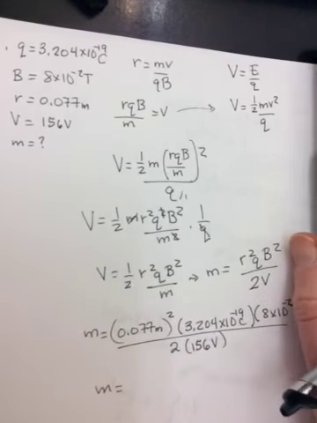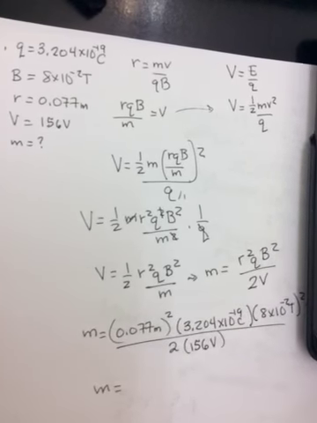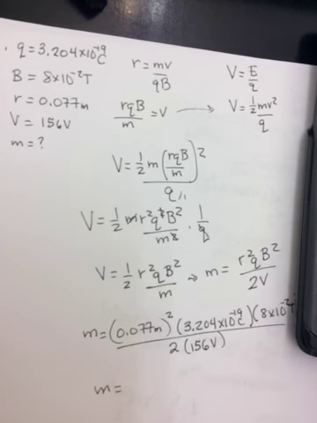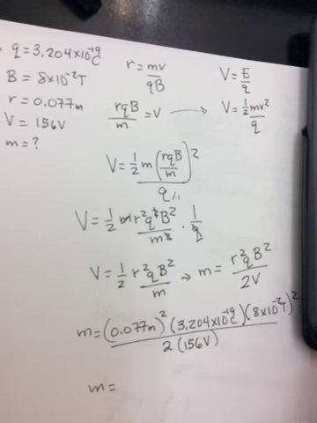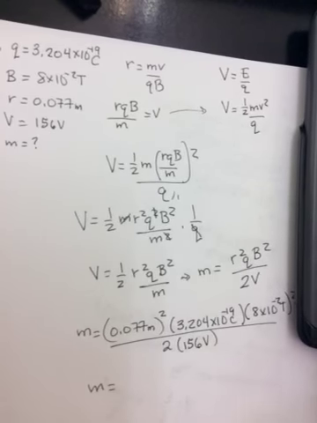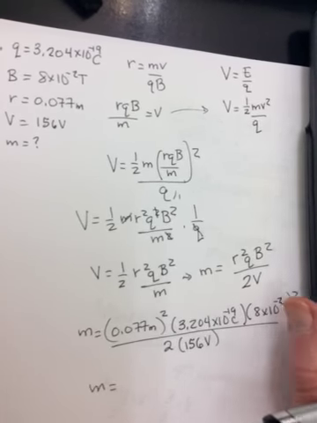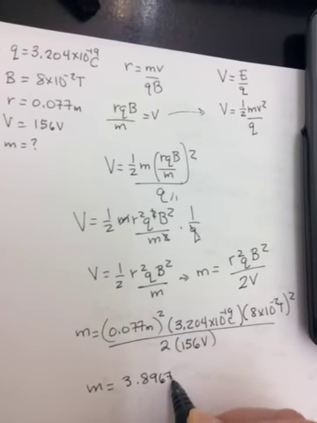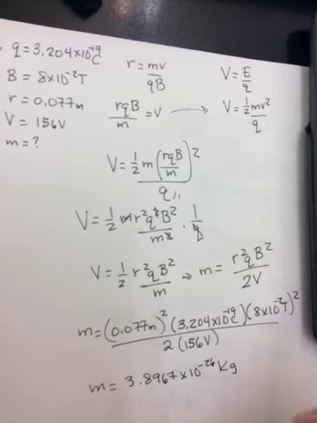So now try to punch it in your calculator: 0.077 squared times 3.204 times 10 to the negative 19 times 8 times 10 to the negative 2 squared, divided by 312. And you should get 3.8967 times 10 to the negative 26 kilograms.